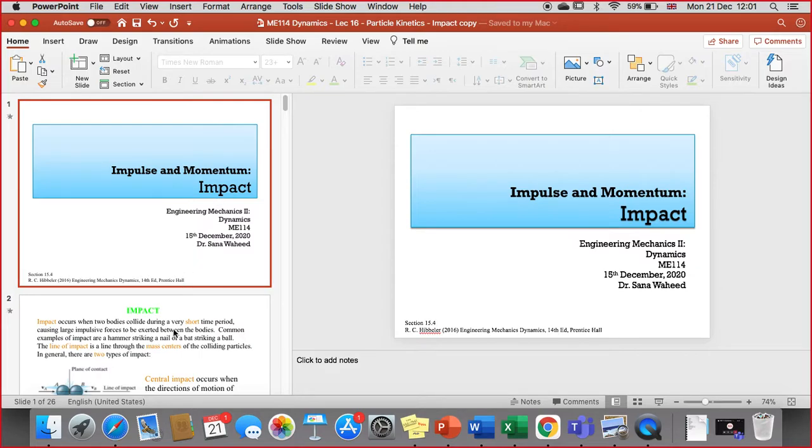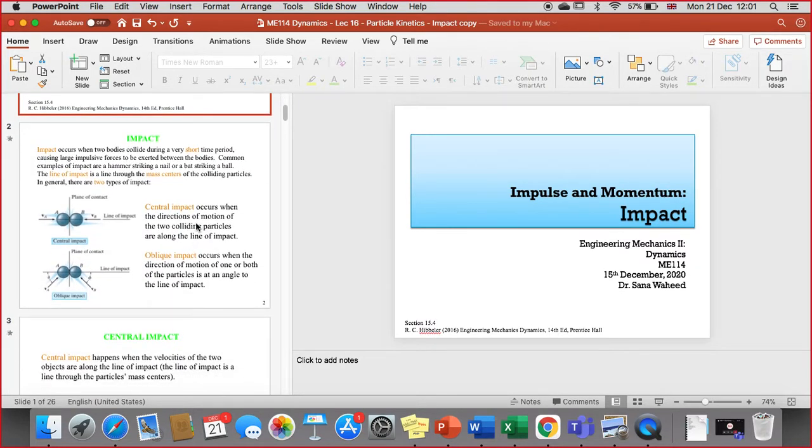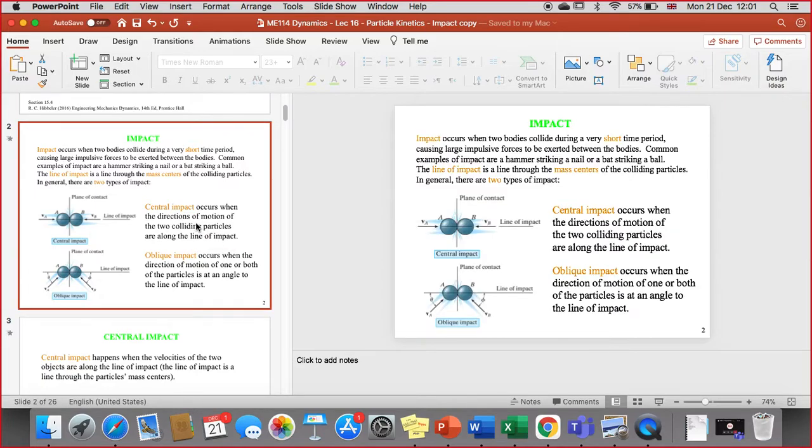First of all, we noted that impact is a problem where there are just internal forces or internal impulses acting, and no external impulses, such that the conservation of linear momentum holds true.